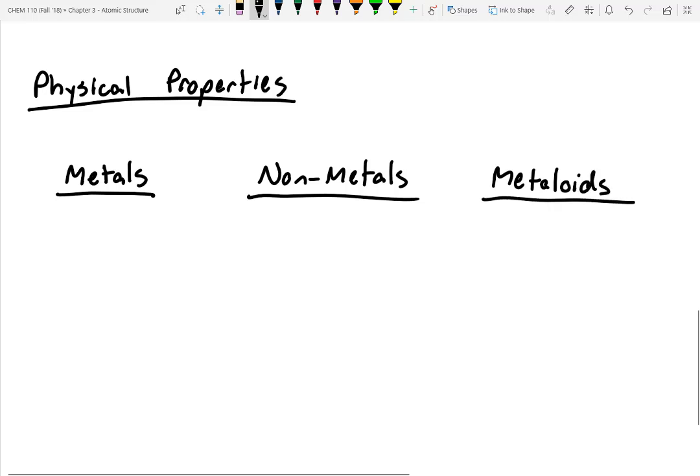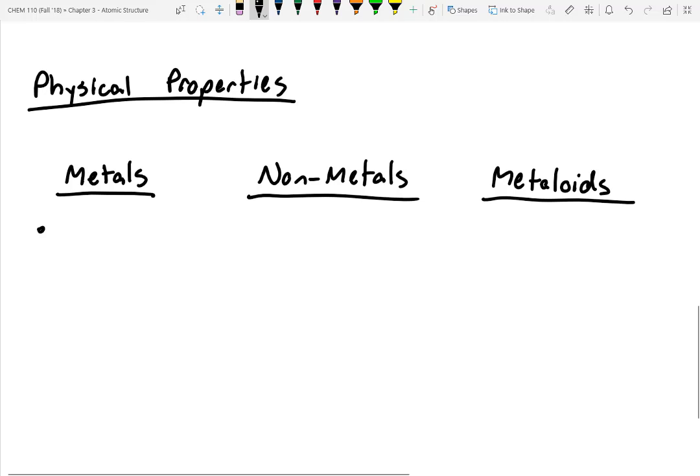All right, what's a descriptor we could use to identify or describe a metal? If you had to describe it to somebody that had never seen a metal before, how would you describe it? What's that? It's a solid?